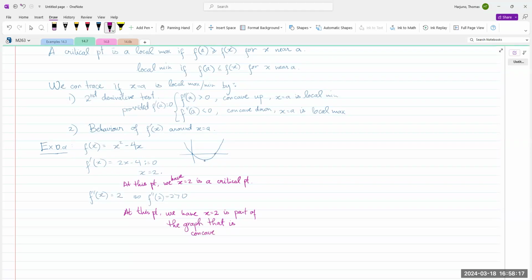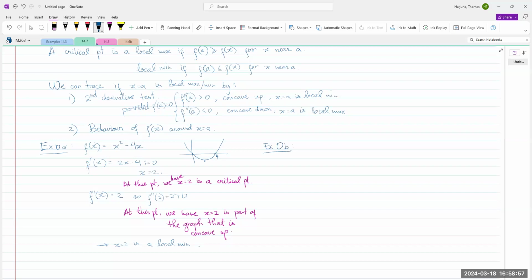From there we can conclude that x equals 2 is a local minimum, right? I purposely used an easy example here so that you can imagine what the graph looks like. But the spirit of these methods is that we try to find the local maximum or local minimum without graphing them.